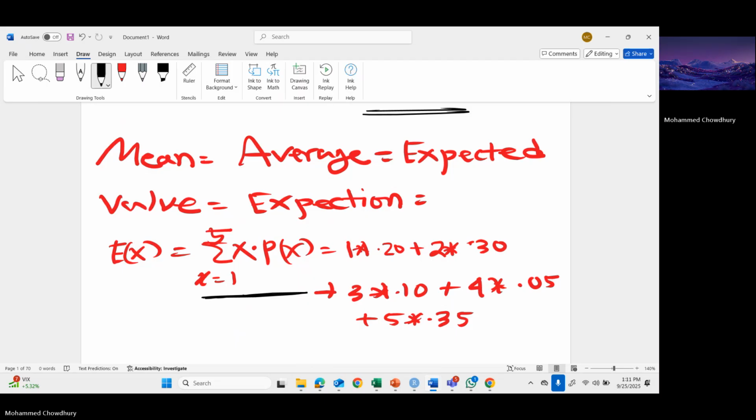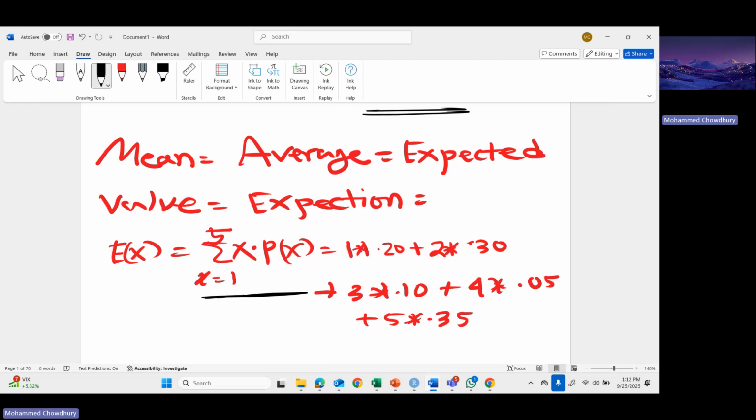This is called the expected value. So remember, here is the trick. When I give the data and the probability and ask you to find the mean of the variable x, people just take the values of x and find the average.